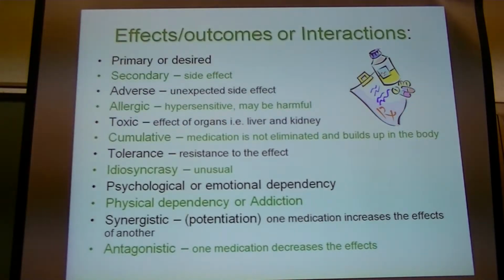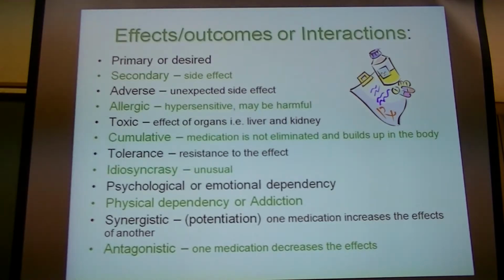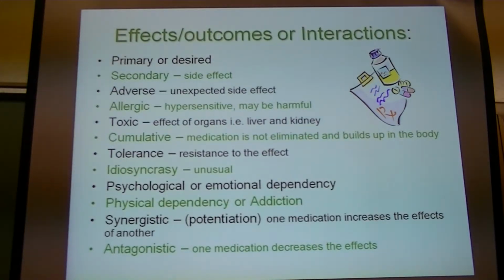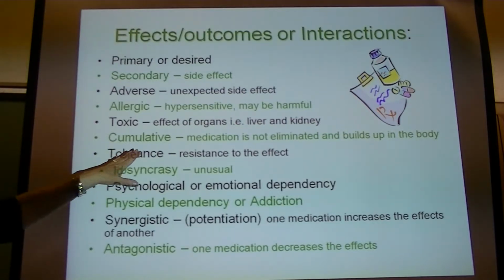There is a window of what that effect would be. That window, if they don't have enough in their blood, they're going to have no effect. Dilantin, no effect. Tegretol, no effect, if it's below what the level needs to be. If it's above that level, it's going to become toxic to their liver.